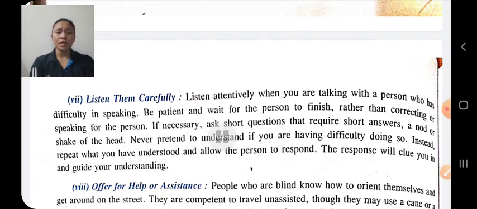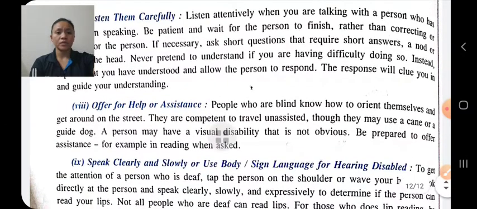If necessary, ask short questions that require short answers such as a nod or shake of the head. Never pretend to understand if you are having difficulty doing so. Instead, repeat what you have understood and allow the person to respond. The response will clue you and guide your understanding.